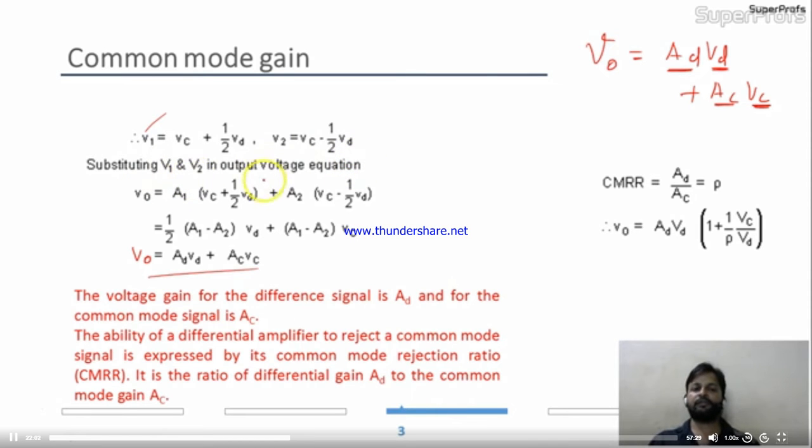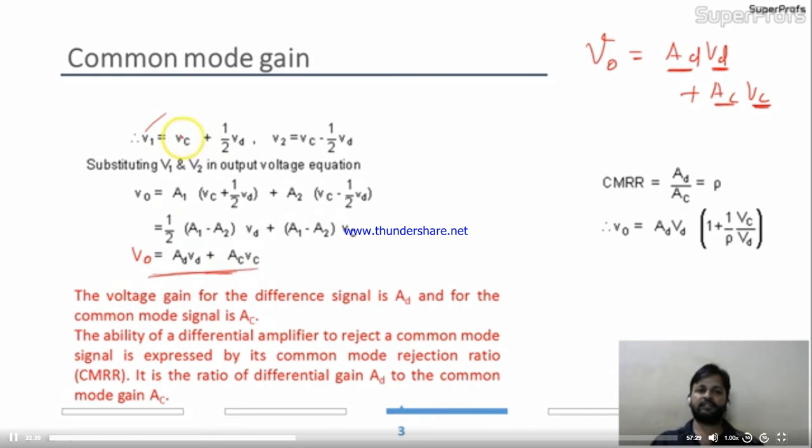Substituting V1 and V2 in the output voltage, you get A1 times VC plus half of VD plus A2 times VC minus half of VD. So half of A1 minus A2 into VD, and so on. Finally, what we get is AD VD plus AC VC. This is the output.